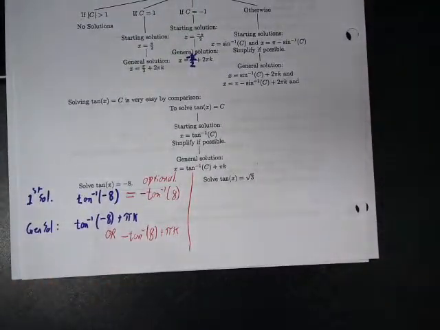And let's actually do one more. Let's solve tangent of x equal to root 3. Cool. So what's the initial solution that you should look for? What's the initial solution to this equation? Inverse tangent of root 3.